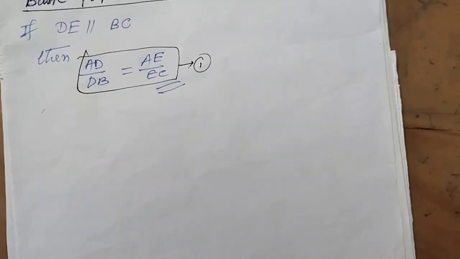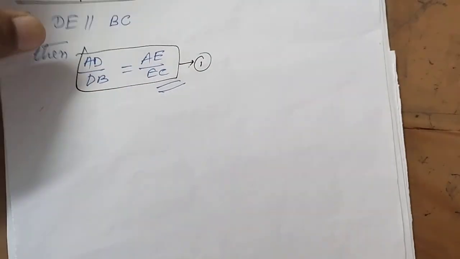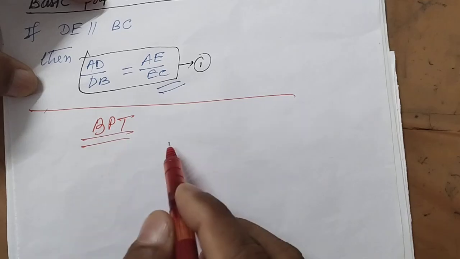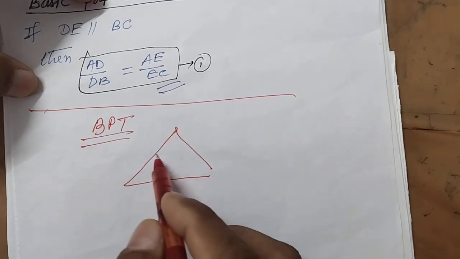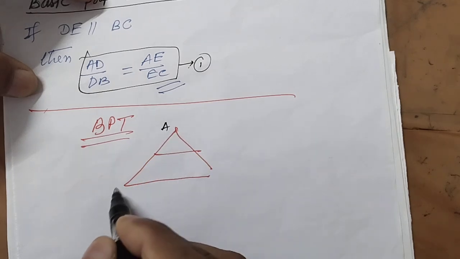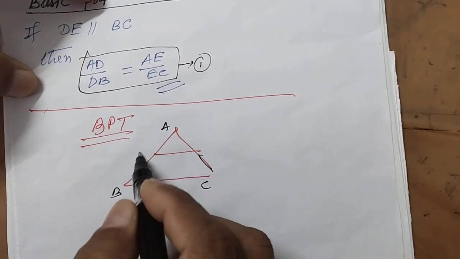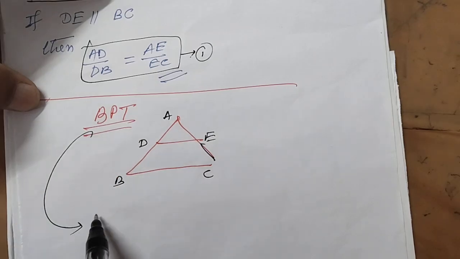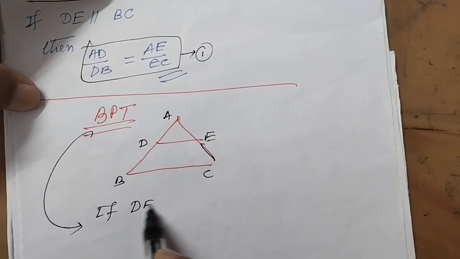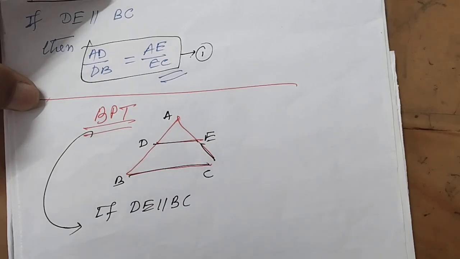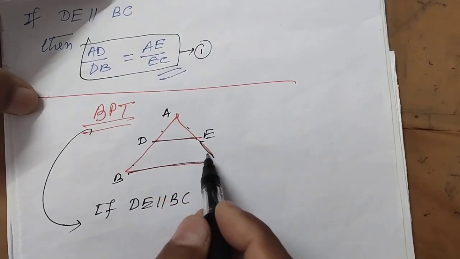Converse of BPT. I am explaining again. Converse of the basic proportionality theorem. See, what is the basic proportionality theorem? Writing again, A, B, C, and D, E. The basic proportionality theorem is: if DE is parallel to BC, then the ratios are equal, upper by lower, corresponding.